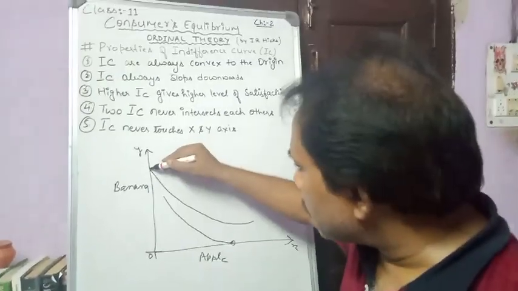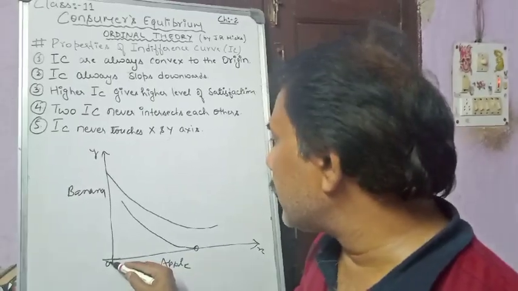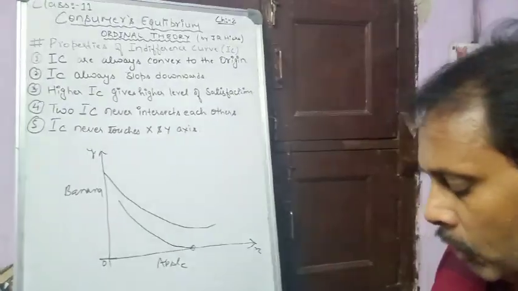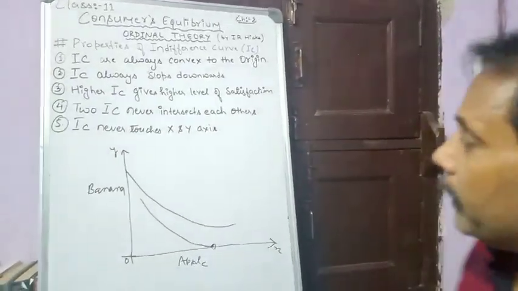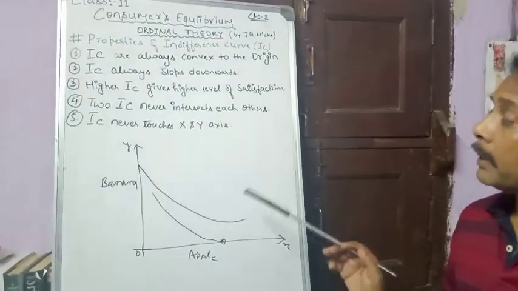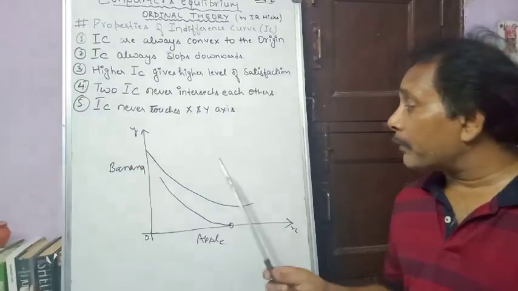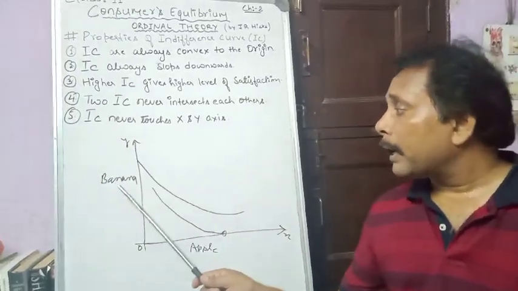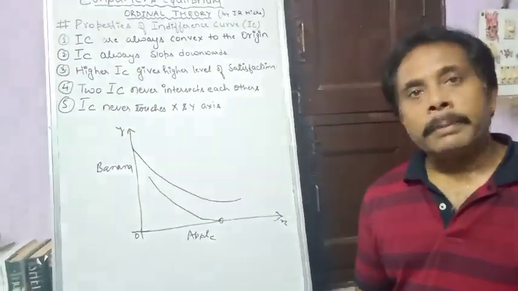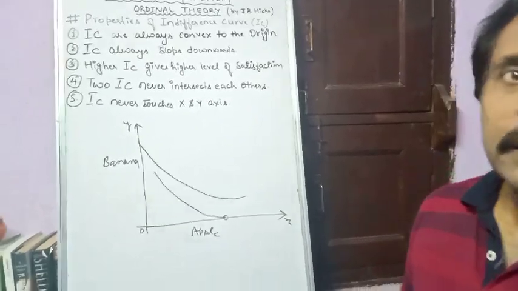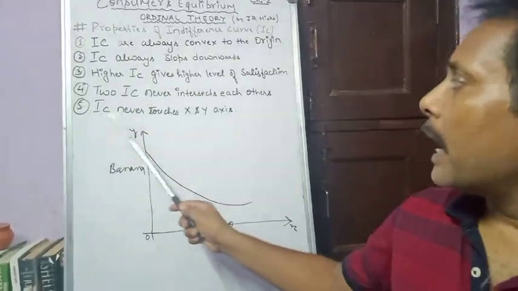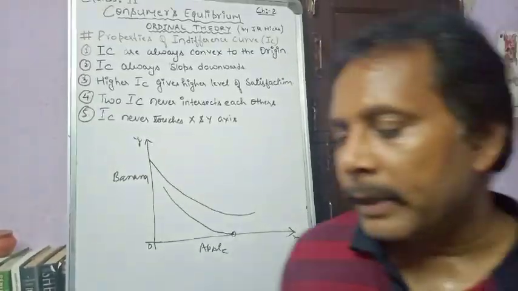And if it touches the y-axis, in that case banana will become 0. According to the definition, it is the graphical representation of two goods. But if the IC touches the x or y axis, it will indicate only one. Due to that, we can say IC never touches the x and y axes.